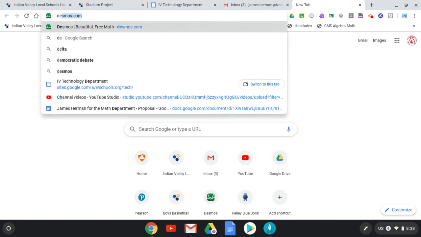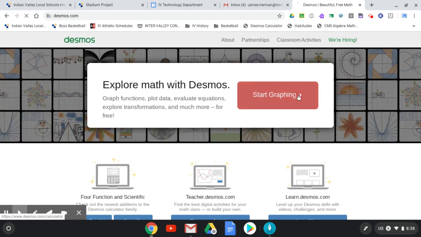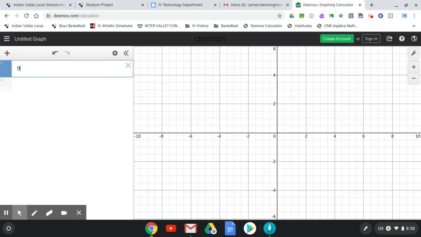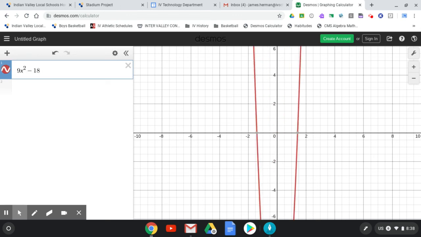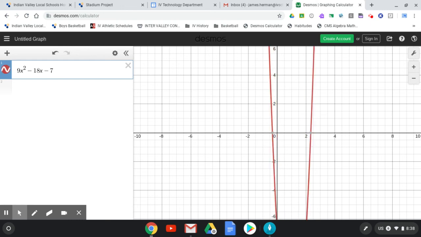Let's go to desmos.com. Let's start graphing. That's pretty cool. This last question is 9x squared minus 18x minus 7.